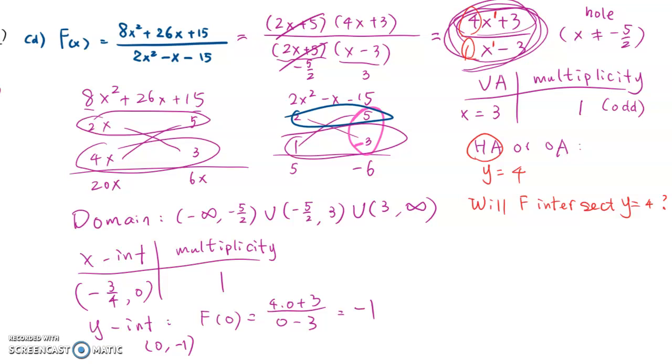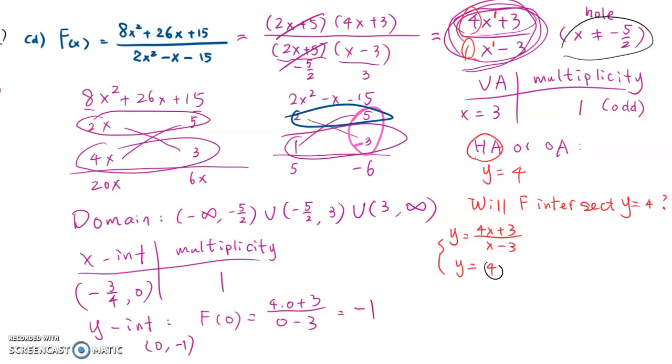I will just put the simplified version of it, y equals 4x plus 3 over x minus 3, and the other one is y equals 4, and I want to solve this system. All right, as long as our solution is not x equals negative 5 over 2, we're fine. Whatever we get is wherever the two graphs intersect.